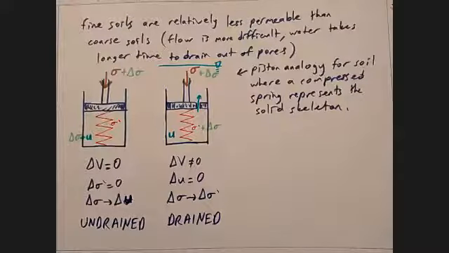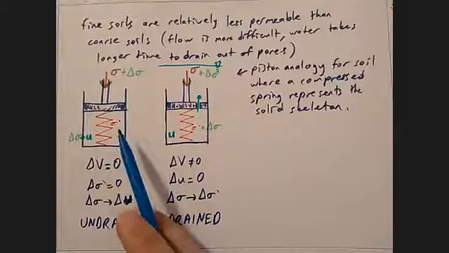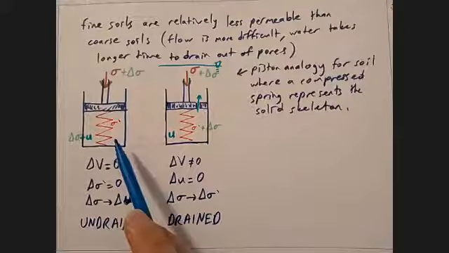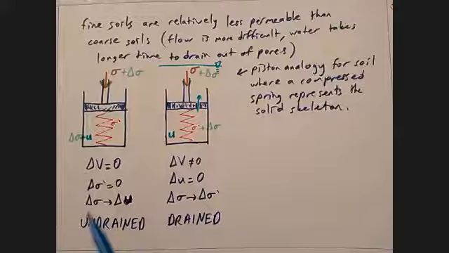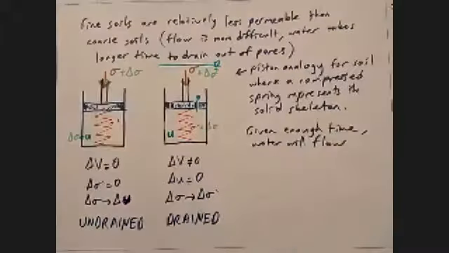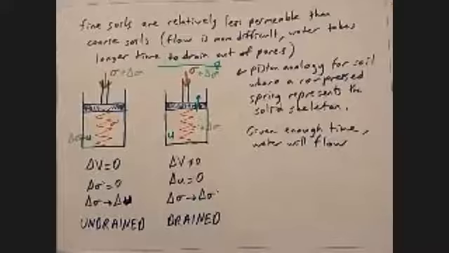Now, which one is which? Obviously, this first piston, the undrained piston, doesn't let water escape, so it should be representing fine soils. Now, given enough time, water will flow because it is not completely impermeable. Even the fine-grained soils allow the water to move a little bit. So, given enough time, the water will be able to flow.